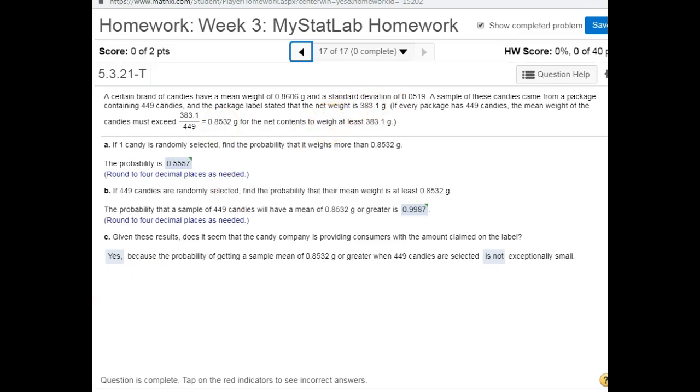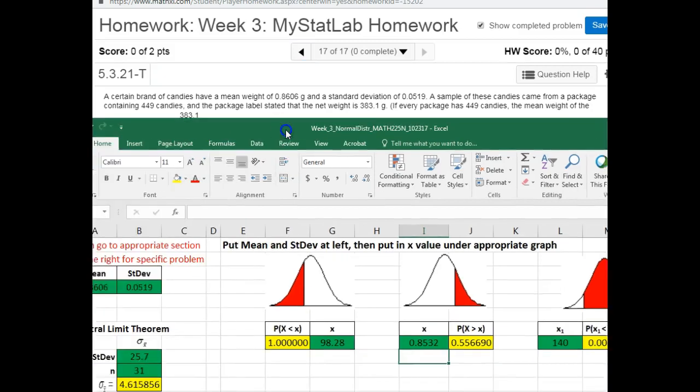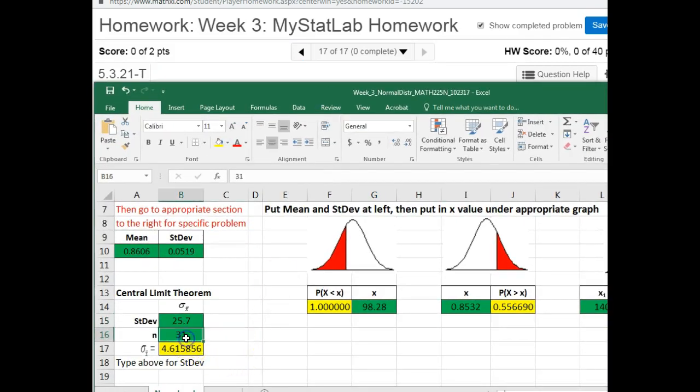And so if we're looking at means out of groups of size 449, the average of those means is the same as the population mean was, but the standard deviation changes. It is the population standard deviation divided by the square root of the size of your sample.